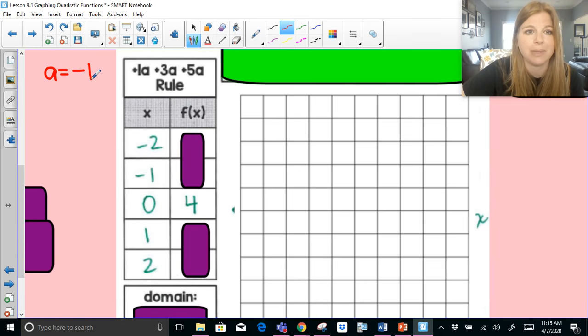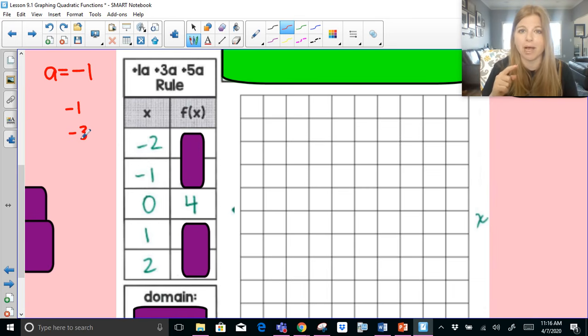So look what's about to happen. If my A is -1, what's 1 times -1? It's -1. What's 3 times -1? -3. So when your A value is +1, you add 1, add 3. But when it's -1, you subtract 1, subtract 3.